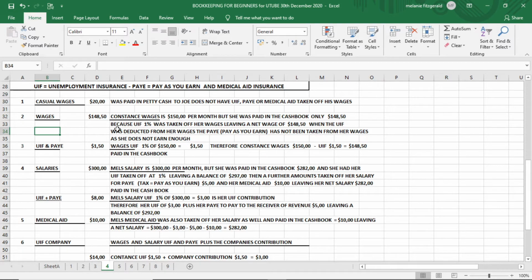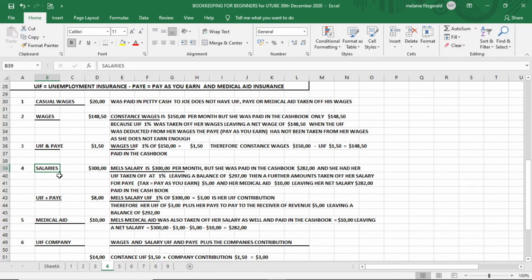So the wages UIF was 1% of $150, that will equal $1.50. Therefore, Constance's wages equals $150 minus the $1.50, which comes to $148.50 paid in the cash book. So that's her covered. You see how she was paid.